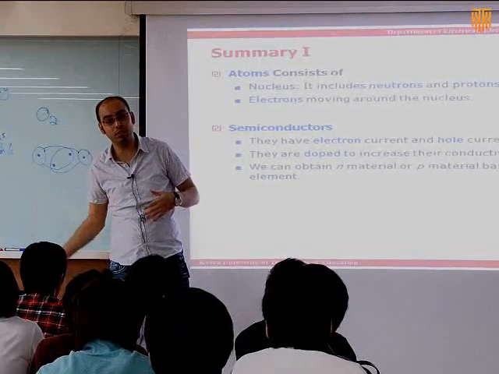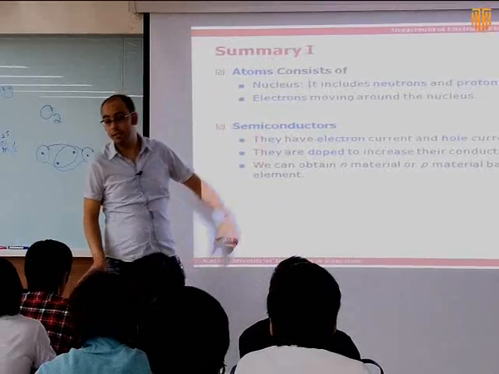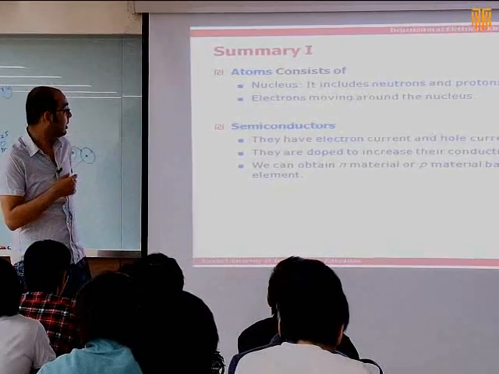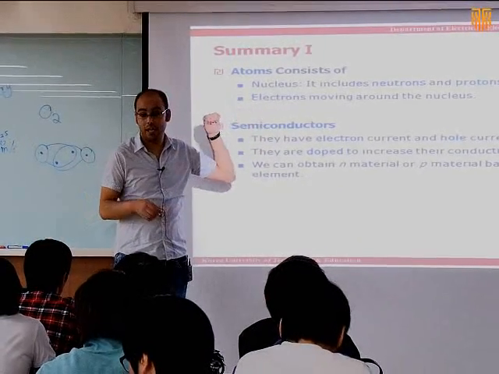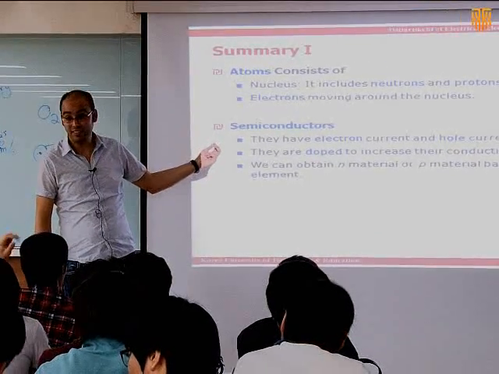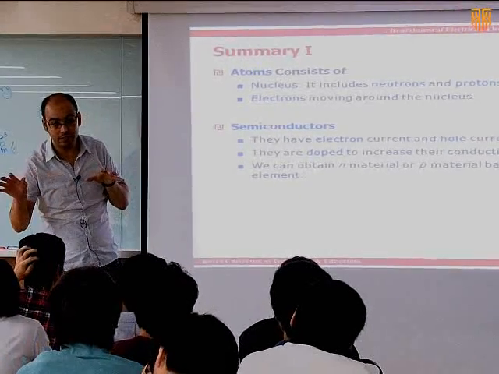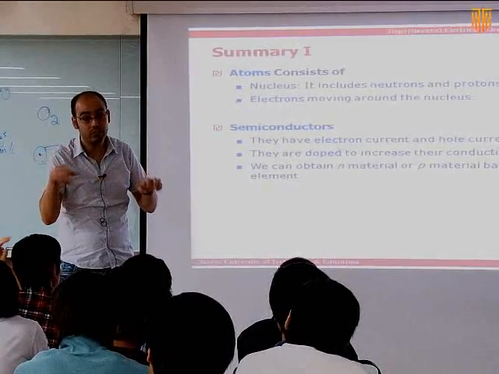Neutral means not positive, not negative. And electrons, negative. The electron is the item which we can play with, increase, decrease, make conductivity, something like that.